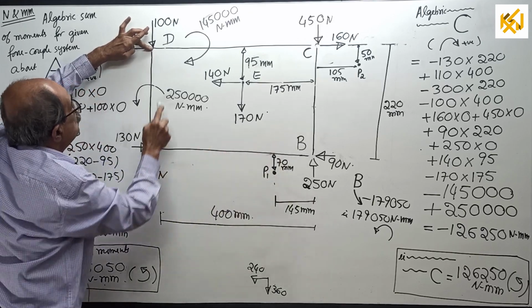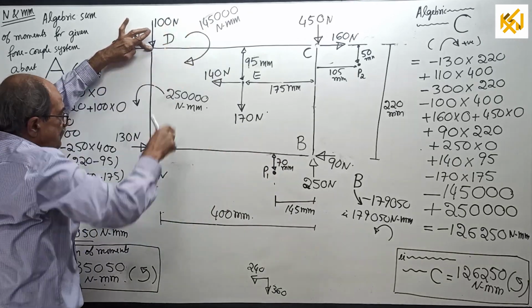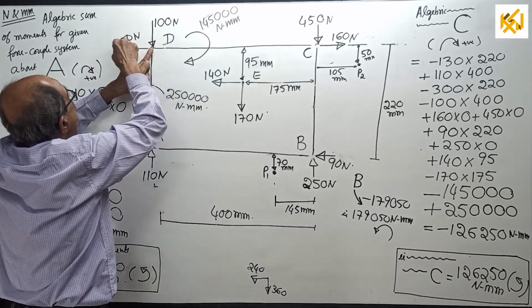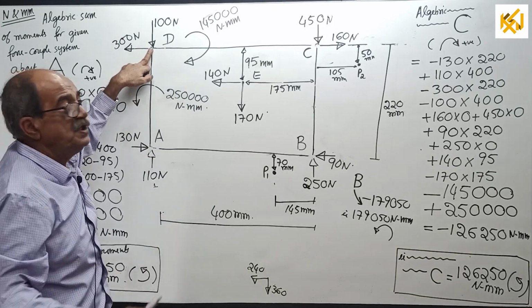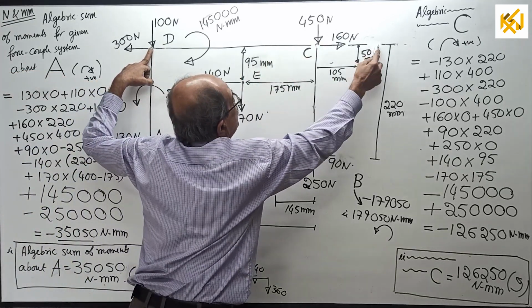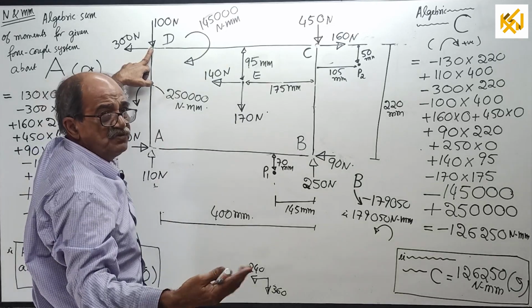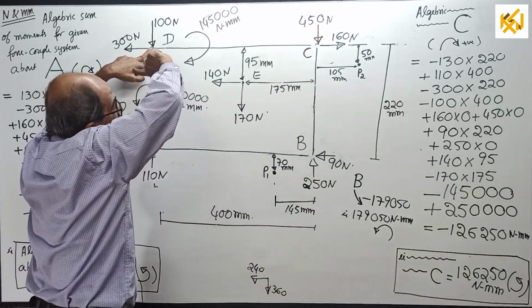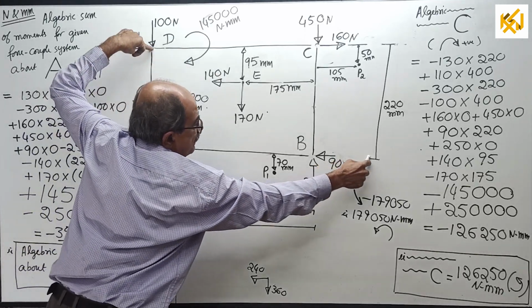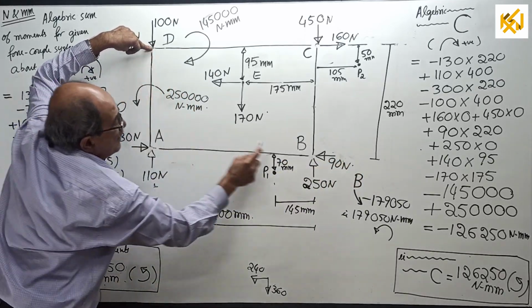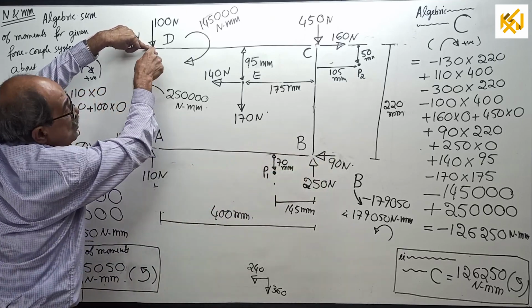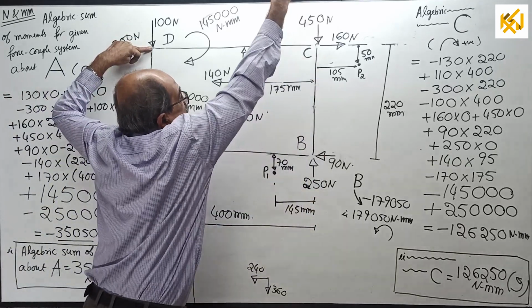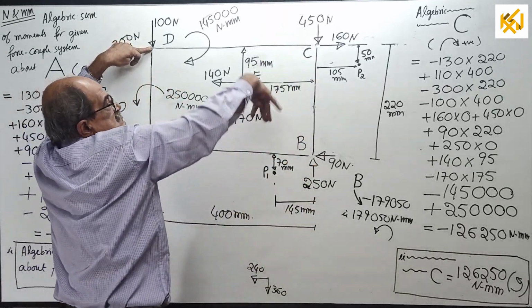130 into 220 anti-clockwise. 110 into 0. 100 and 300, both of them into 0. 160 also into 0. 450 into 400 clockwise. 90 into 220 anti-clockwise. 250 into 400 anti-clockwise.